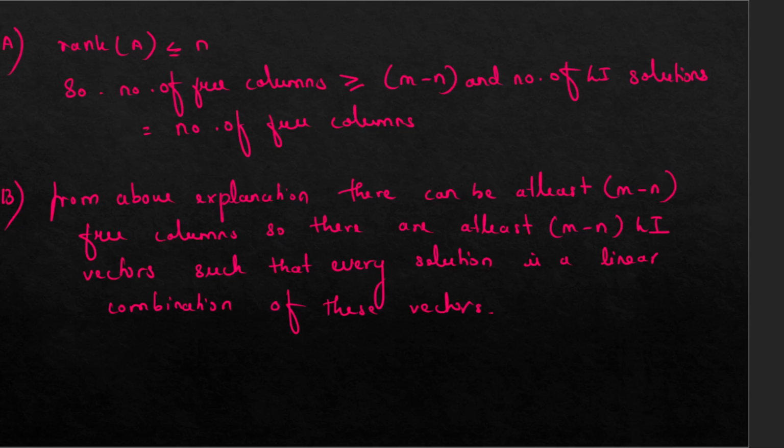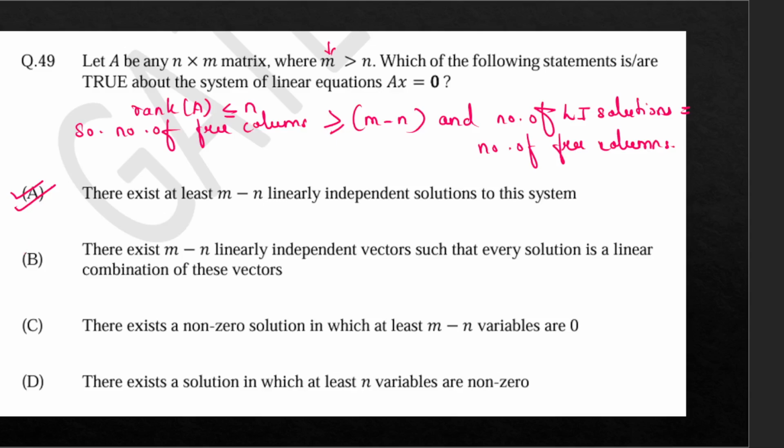So the given statement implies exactly m minus n linearly independent vectors, which is wrong, because it can be more. So that is why this is wrong. So B is not correct.